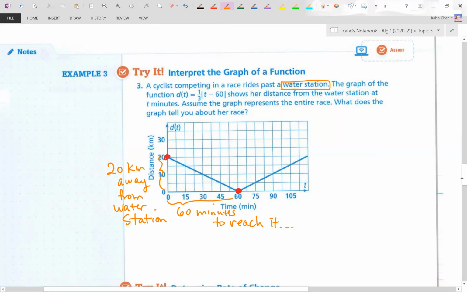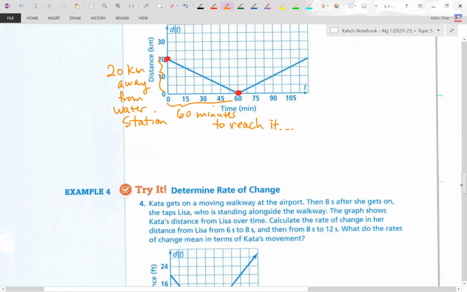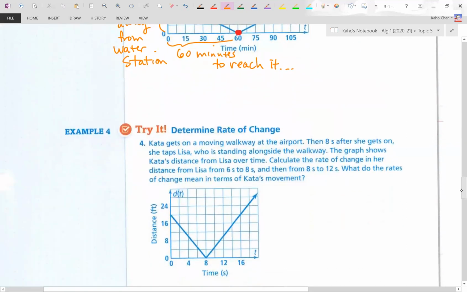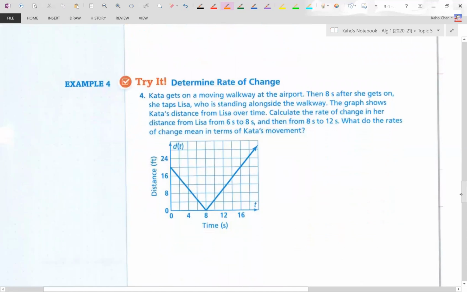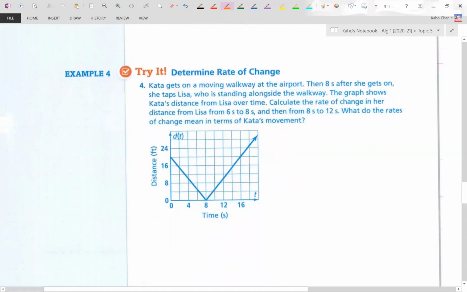The next example is kind of interesting. It's another word problem. The graph's already given to us, but we have to do something called determine the rate of change. Rate of change? That sounds kind of familiar. Well, we've already done this before, you just don't know it. Rate of change is another way of saying, hey, what is the slope?